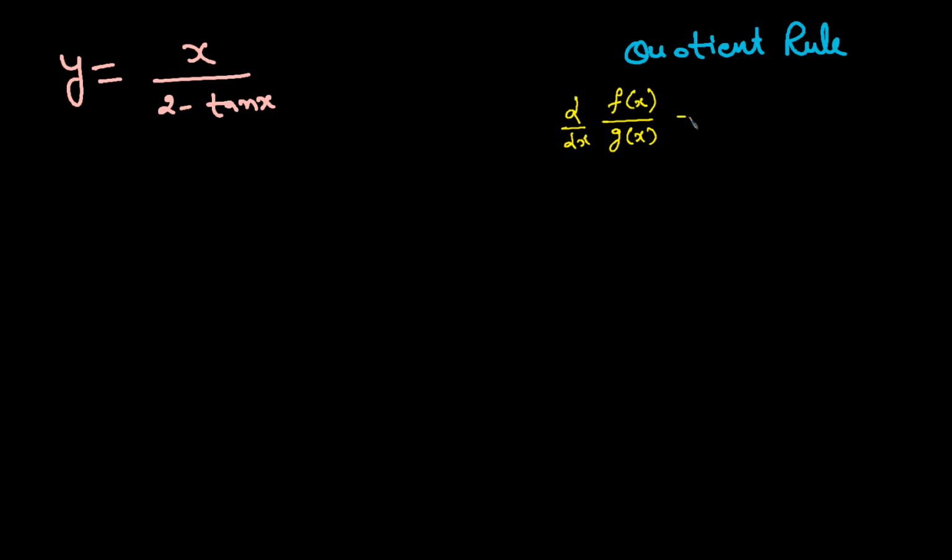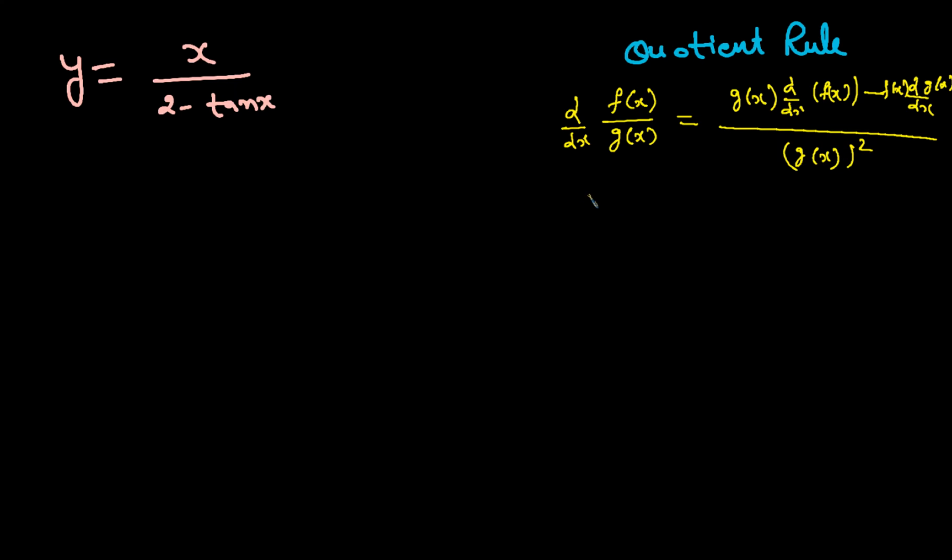So this rule tells me: g of x, the denominator, times the derivative of the numerator, which is f of x, minus the numerator, which is f of x, times the derivative of the denominator, which is g of x, over the denominator squared.